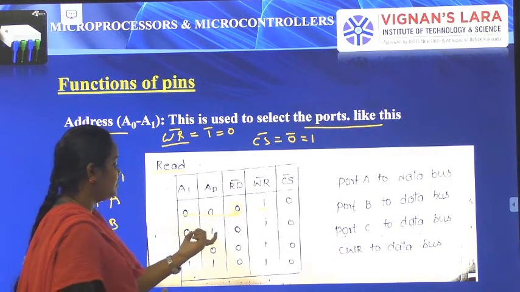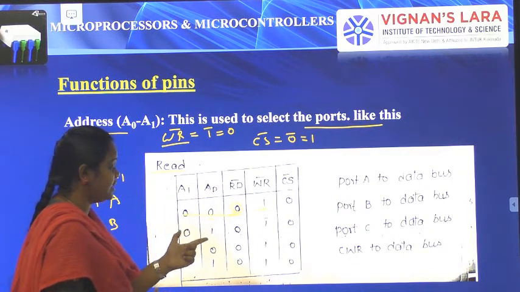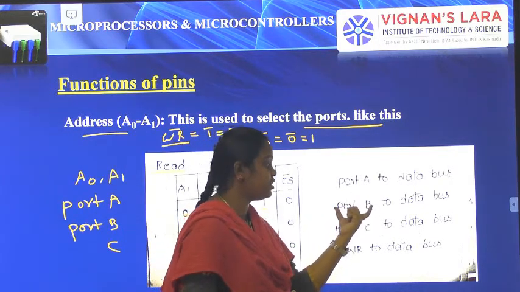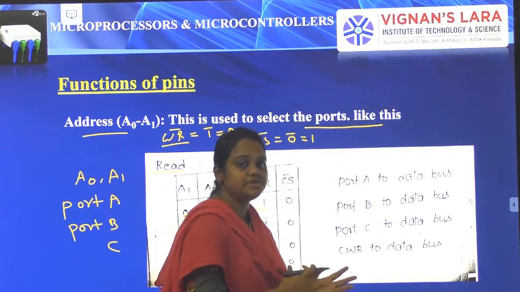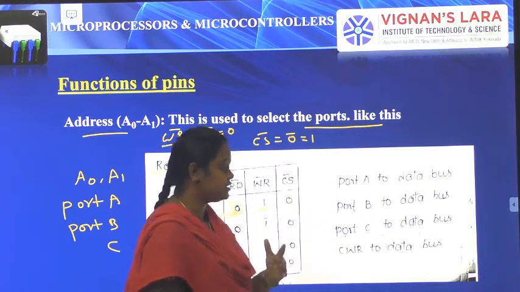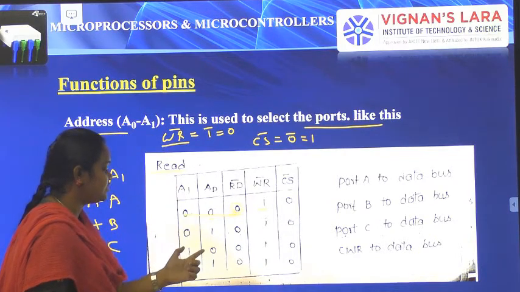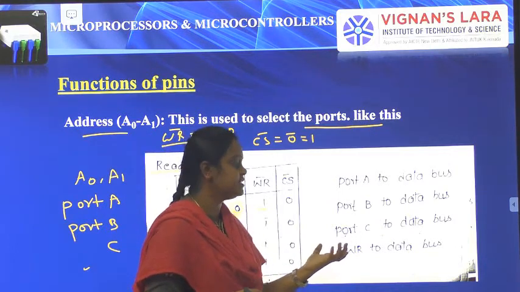Whenever A1 is 0 and A0 is 1, port B is carrying the information from the input and output devices to the 8086. Whenever A1 is 1 and A0 is 0, port C is going to handle the system bus.